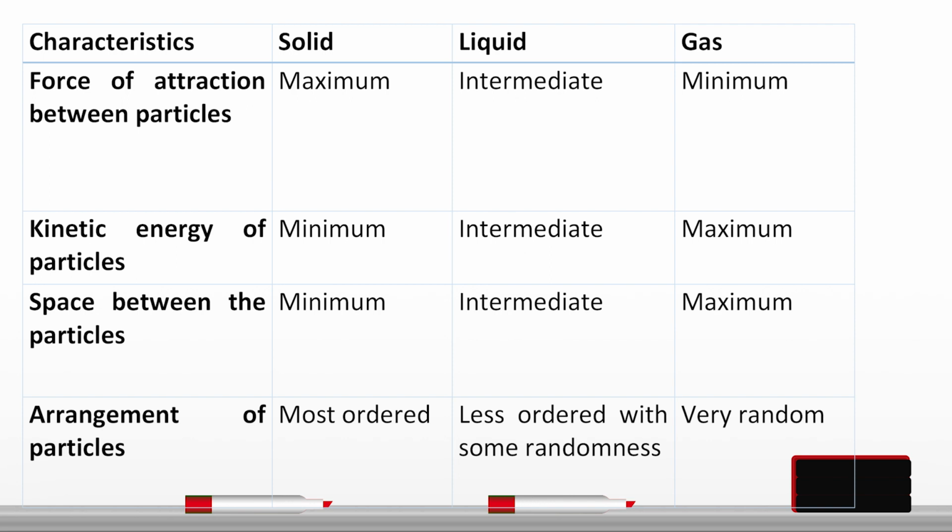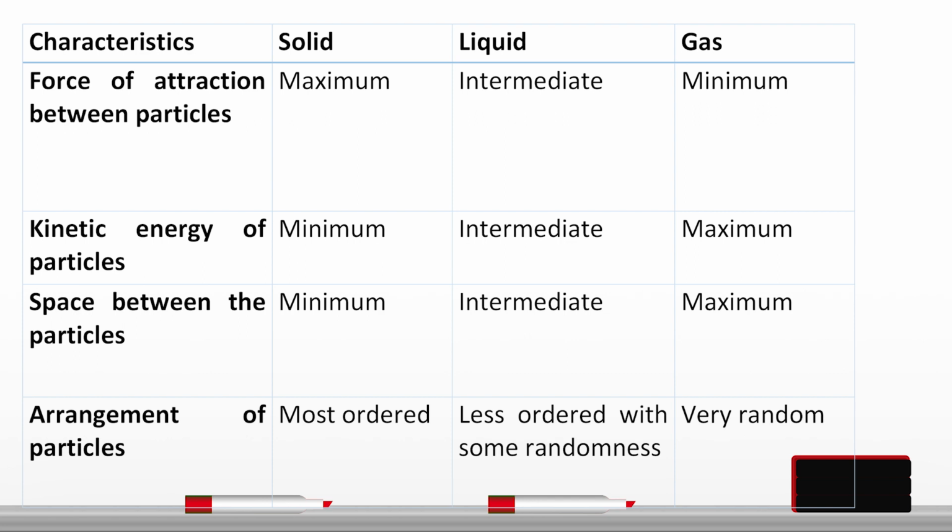Now, if we look into the factor of force of attraction between particles, what we understand is that it is maximum in case of solid, intermediate in case of liquids, and the forces of attraction between particles is minimum in case of gas. The observations are similar with respect to kinetic energy of particles too, as well as the space between the different particles of solids, liquids and gas.